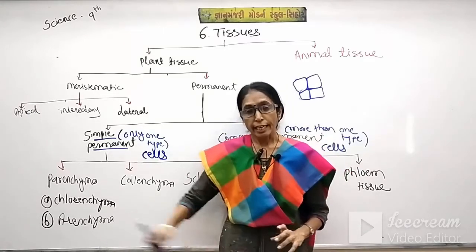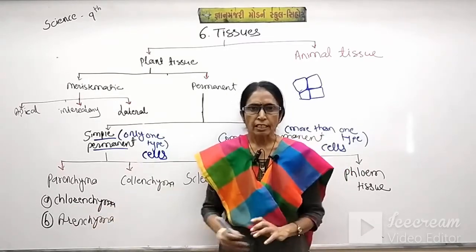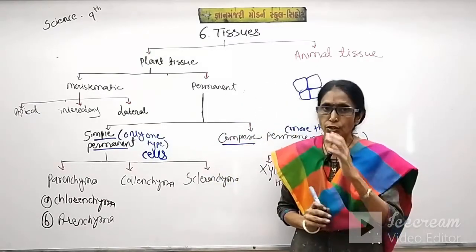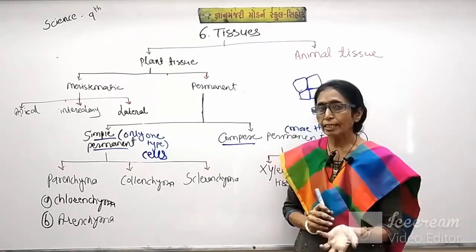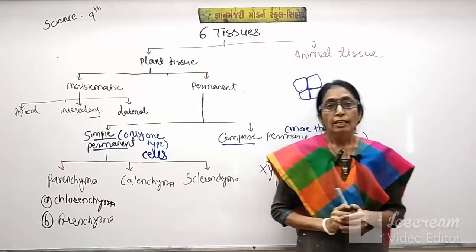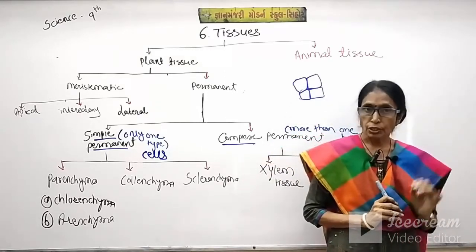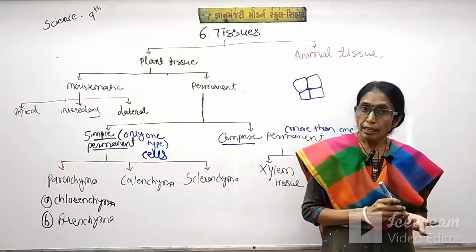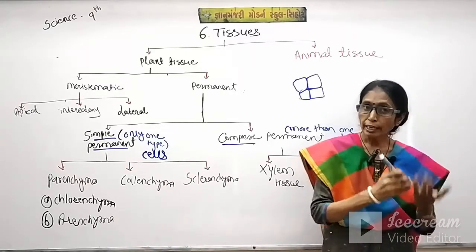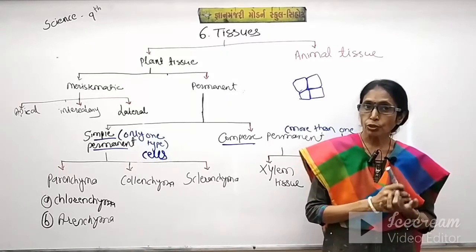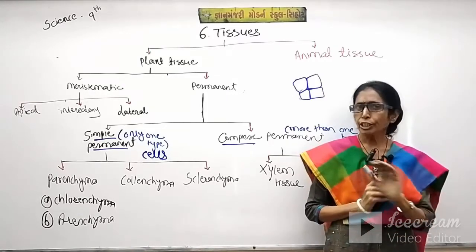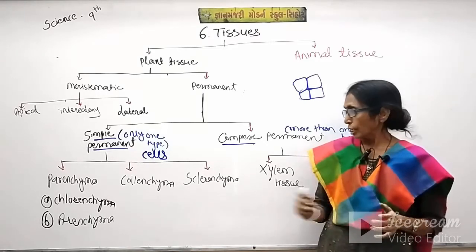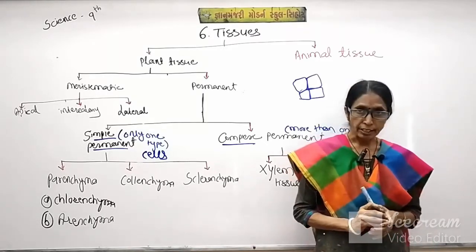Okay students, they are living cells and sclerenchyma are dead cells. So what is the difference between a living cell and a dead cell? The tissues or cells which can be replaced by another cell are called living, and the tissues or cells which cannot be replaced by other cells or tissue are called dead cells or tissues.